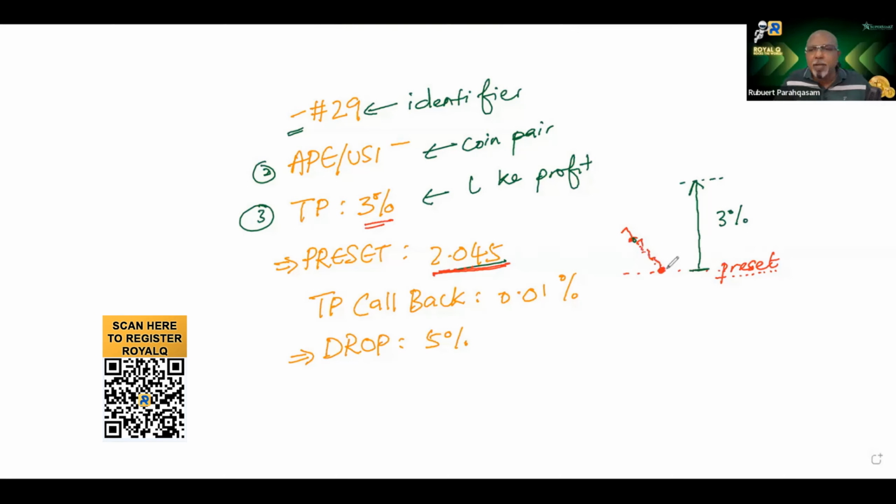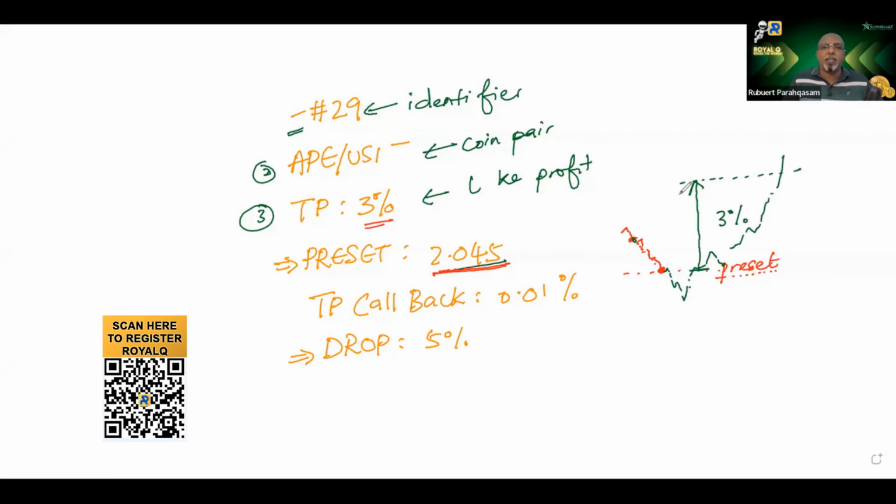Then it will buy. Then it will see what is happening to the market. The market may go down or go up, and eventually, once it goes above that 3% mark, the robot will get ready to sell. It won't sell. It will get ready to sell.